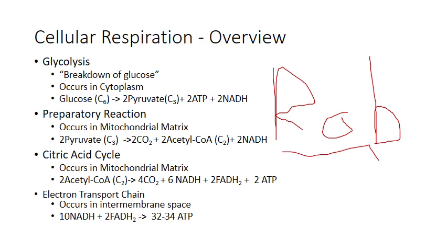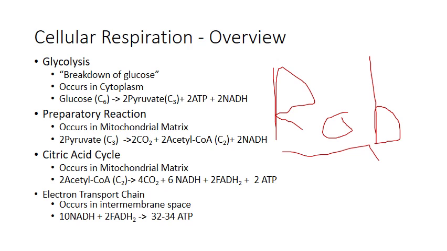Third step, we take the 2 carbon molecule from before. We have 2 of those. We're going to break them down into carbon dioxide, which we're just going to exhale. So now after this step, we have no more carbon left. We've broken down all of our glucose into CO2. And now we're left with NADH, FADH2, and ATP.